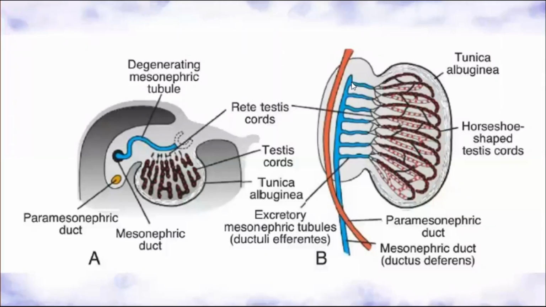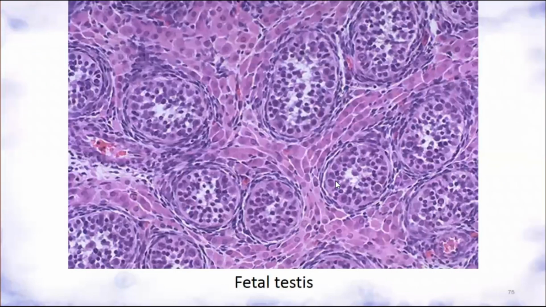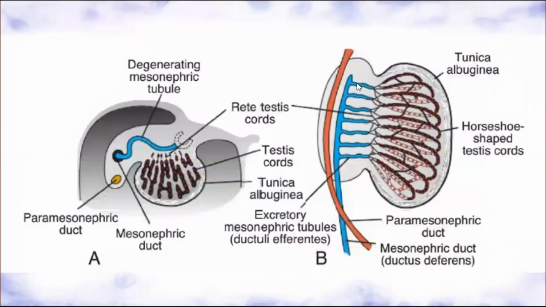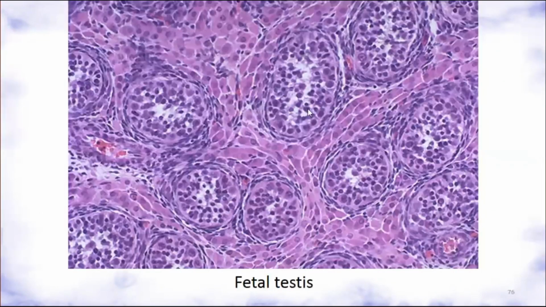And we can also see that the testis has rete testis and ductuli efferentes, and the ductus epididymidis follows them. The source of their development is the mesonephric duct, and the mesonephric duct gives rise to the seminiferous tract. So here we can see a fetal testis, with transverse sections of the seminiferous tubules, and there are developing Leydig cells between them.